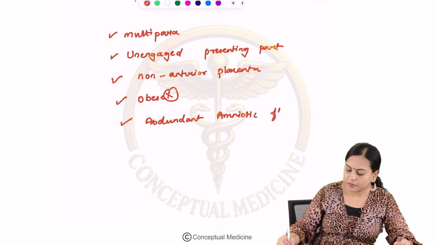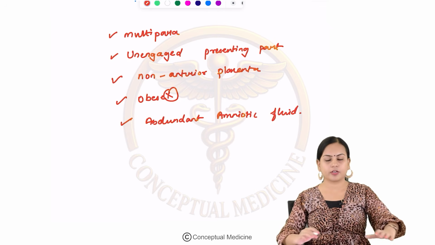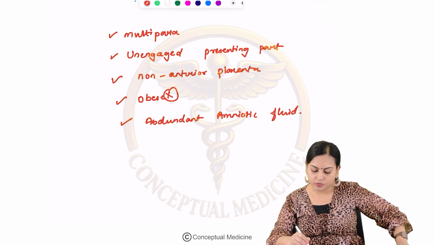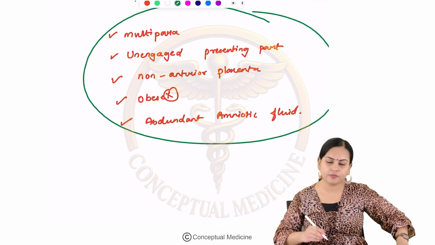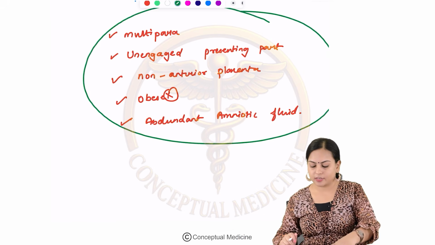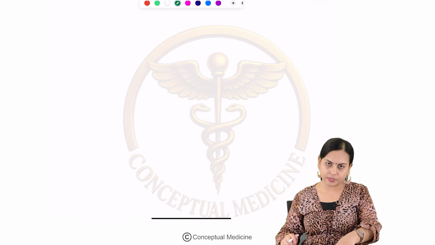Abundant amniotic fluid means a sufficient amount of amniotic fluid, not polyhydramnios. So all these things you have to check, and they increase the chance that external cephalic version becomes successful. Clear?